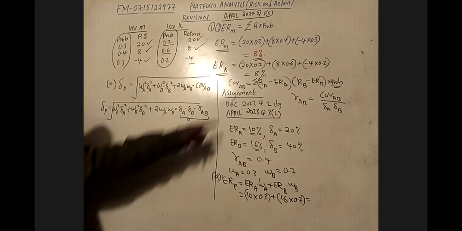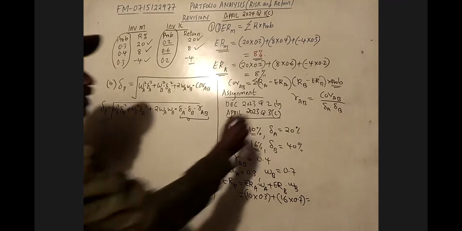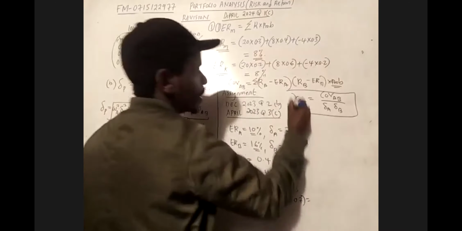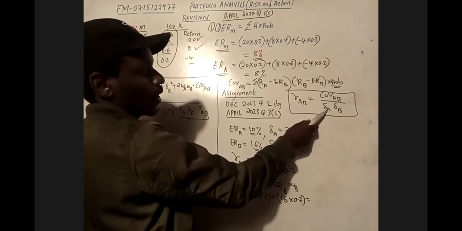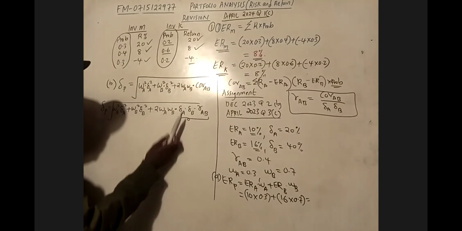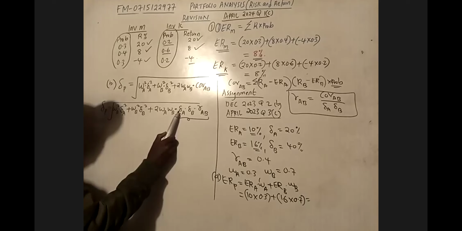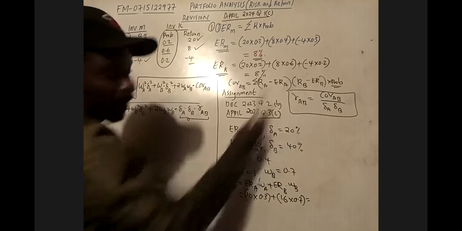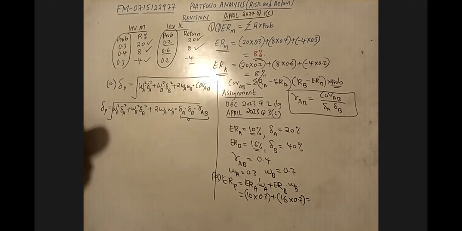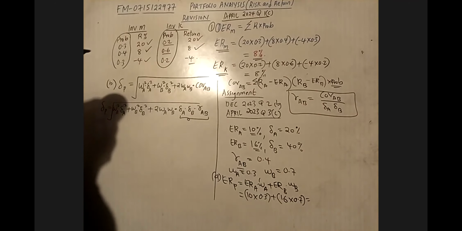Let me remind you the formula of covariance. How do you get covariance? If you want to get covariance, you take the correlation coefficient multiplied with the standard deviations of A and B. So here we have the correlation coefficient of A and B given directly.